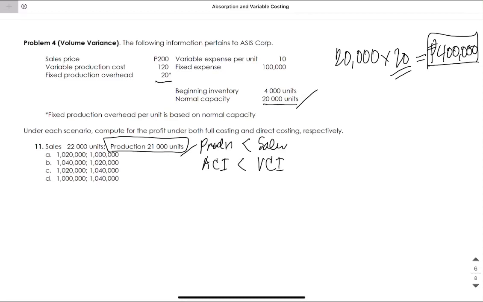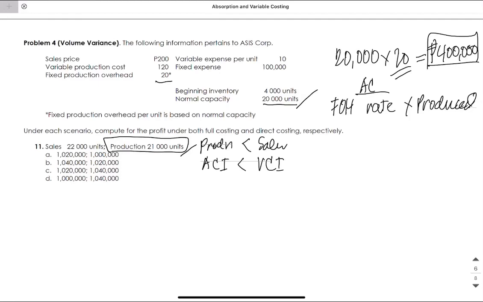Remember, when we compute for the fixed overhead under absorption costing, fixed overhead cost component of the cost of goods sold, we multiply the rate by the number of units produced.